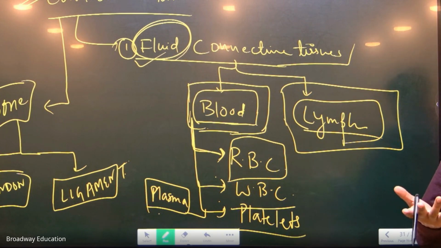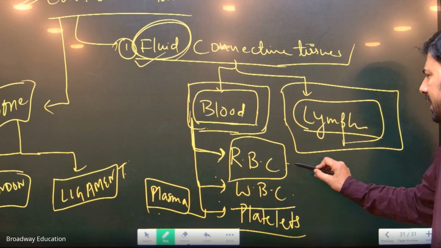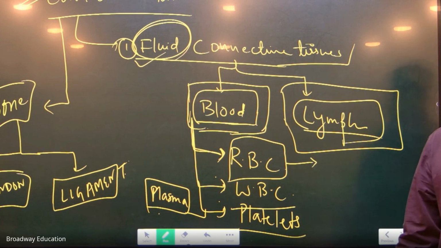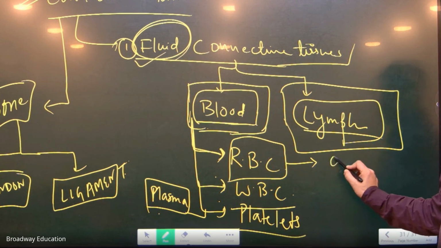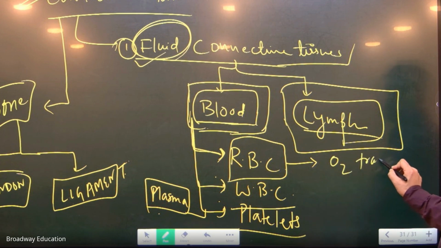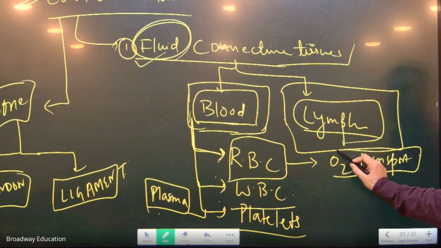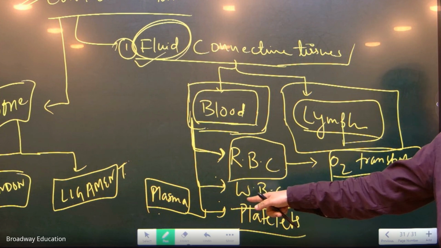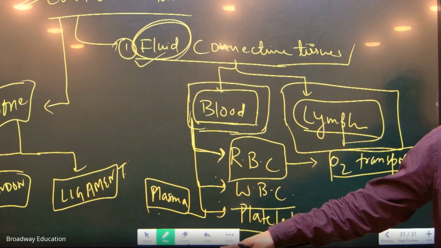Now, if I talk about RBC, RBC stands for red blood corpuscles. What is the main function of RBC? Only oxygen transport. The most important function of RBC is O2 transport. That is why RBCs don't have a nucleus.